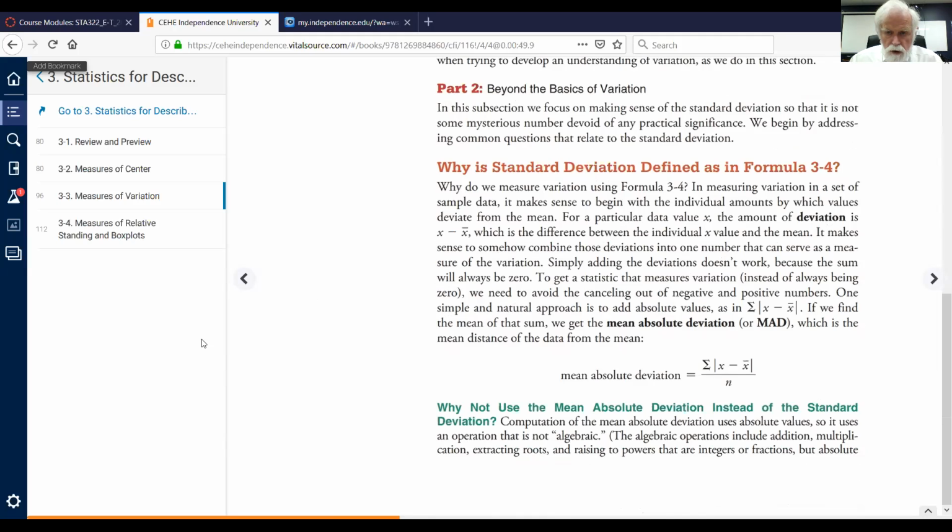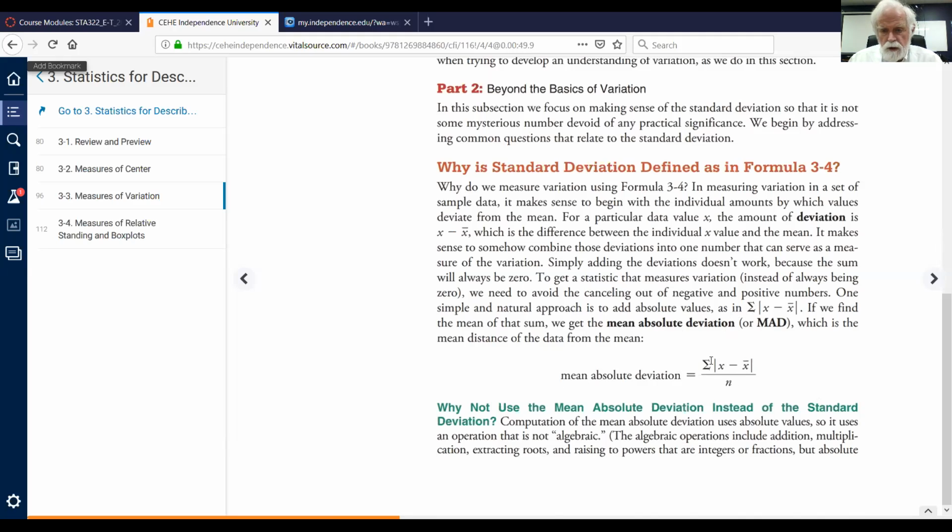We're not going to worry too much about some of these things here that we call mean absolute deviation, which is really the sum of the differences between each data point and the mean, divided by n.